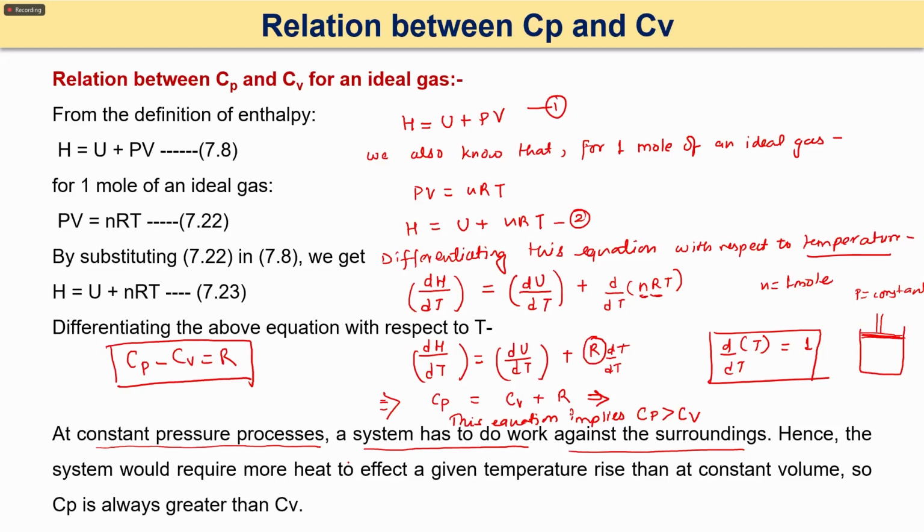The system would require more heat to effect the given temperature rise than at constant volume. So always remember that Cp will always be greater than Cv, and by how much? By R. So this is the relationship between Cp and Cv.